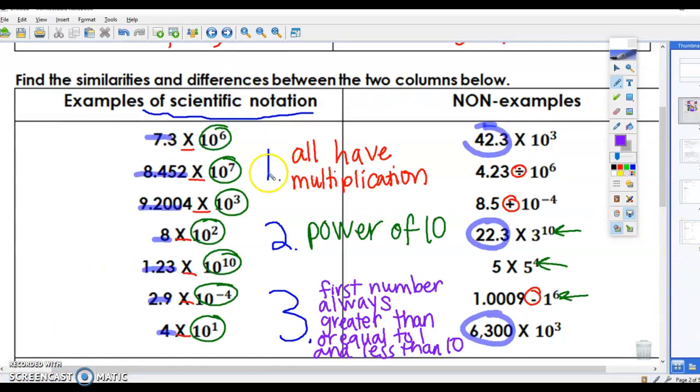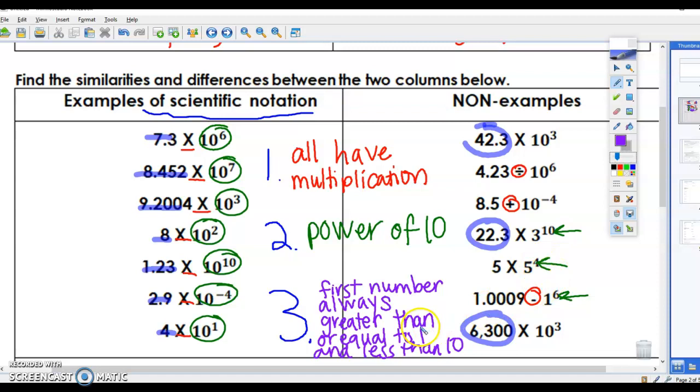Okay guys, so the first one might have been easiest to find. That's that they all have multiplication. So all of my ones over here have multiplication and not all of the ones over here do. The second one was that all of these have a power of 10. They're all being multiplied by a power of 10. These are not all being multiplied by a power of 10.